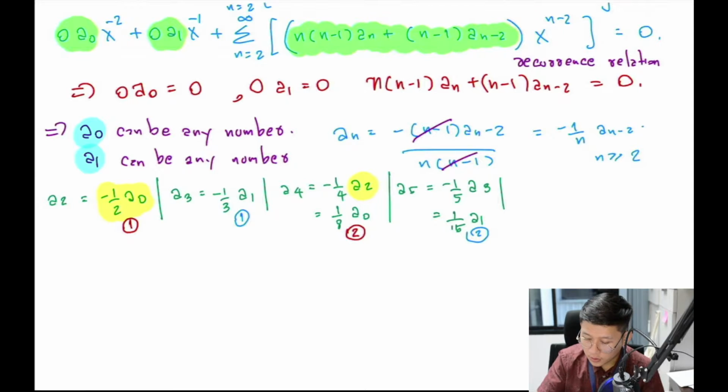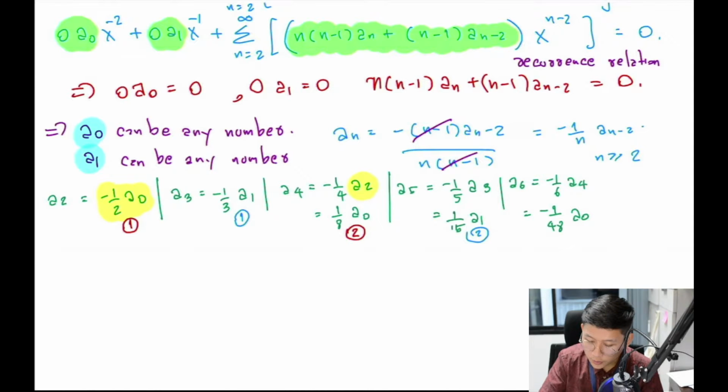So we're gonna look at the case when n is 6. So we look at a6. That is going to be minus 1/6 a4, and a4 is 1/8 a0, and that's going to be minus 1/48, right? 8 times 6, that is 48, and that will be minus 1/48 a0.